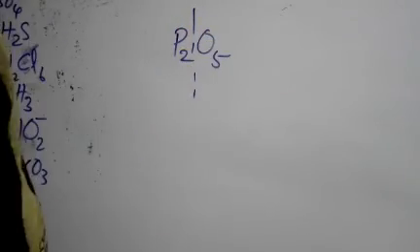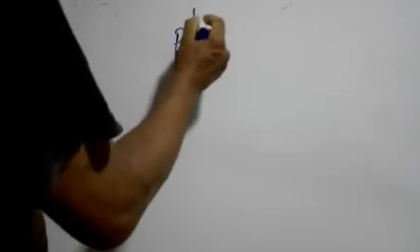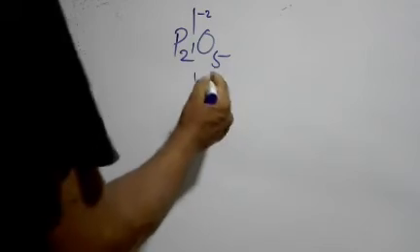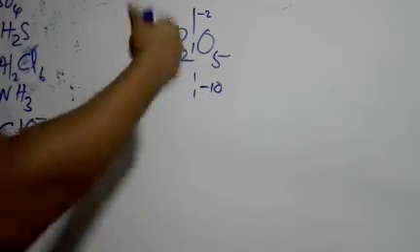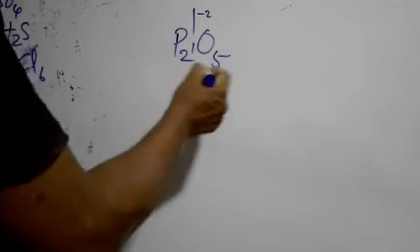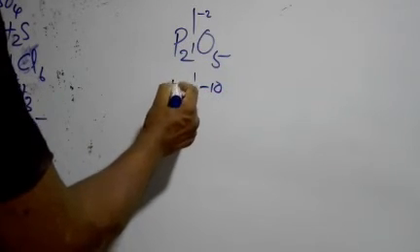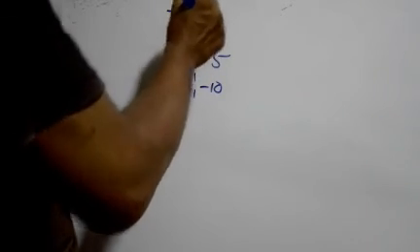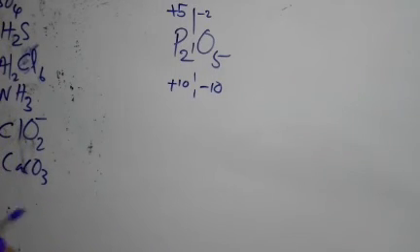So separate it. The oxidation state of oxygen is minus 2. So minus 2 into 5, minus 10. Since this is a compound, the sum of the oxidation numbers should be 0. So this should be plus 10, so 2 into 1 gives plus 5. So the oxidation state of phosphorus here is plus 5.